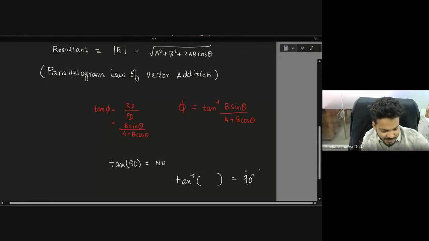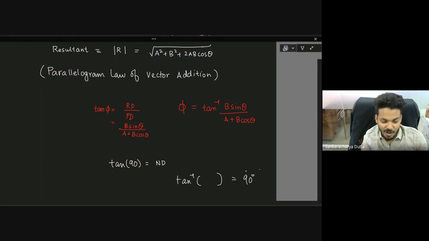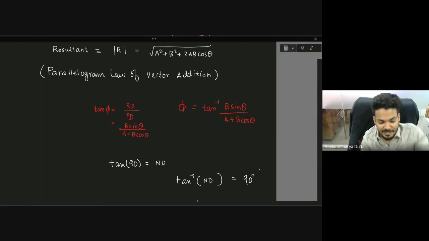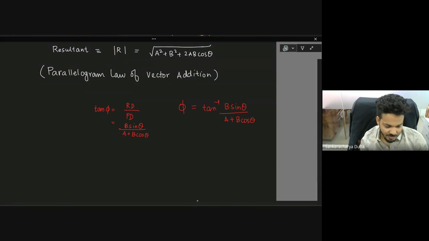This means tan of 90 is not defined, so tan inverse of any number never gives 90. Does that make sense? Okay, yes. So whatever number you put, you'll never get 90 out of this.